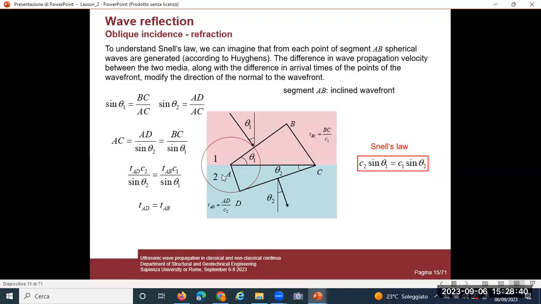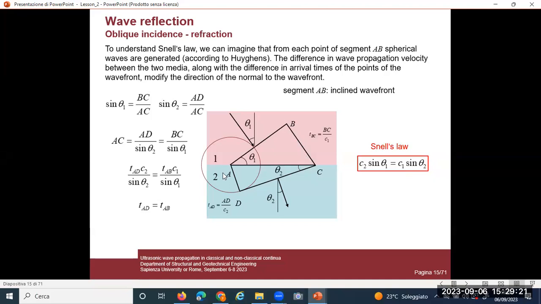Then, in material 2, the distance traveled will be, let's say, AD, while in material 1, the distance will be BC. And the lengths AB and DC are assumed to remain constant. Then, with a few geometrical relationships between this triangle, you can derive this relationship between angles and wave velocity.